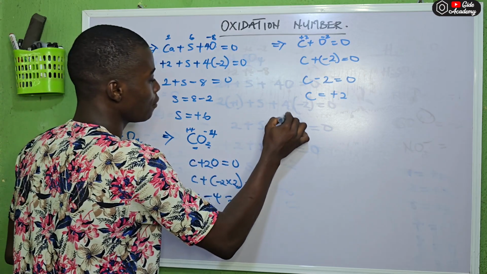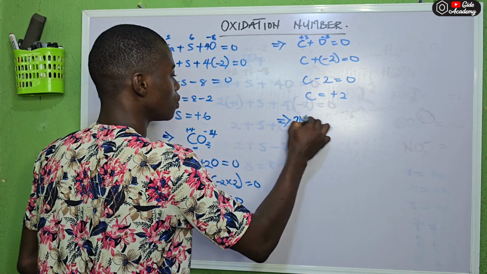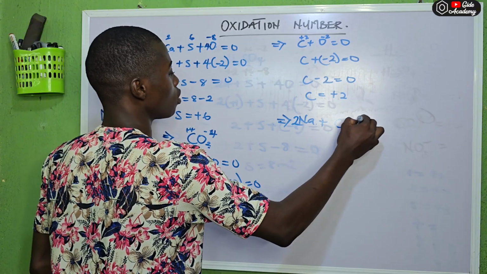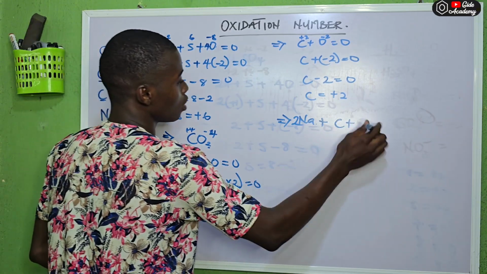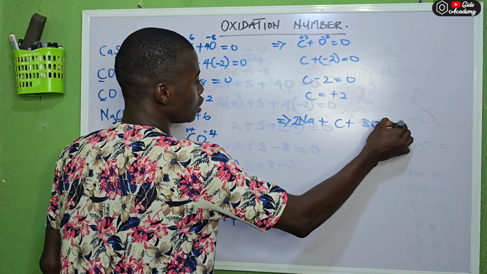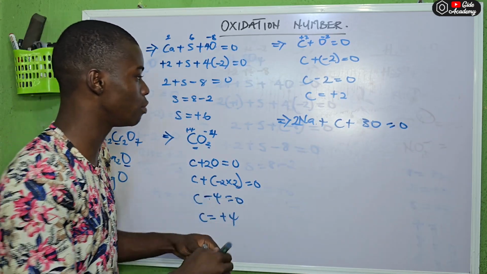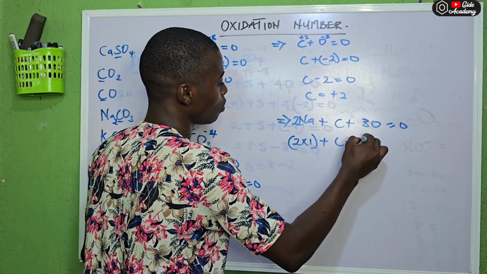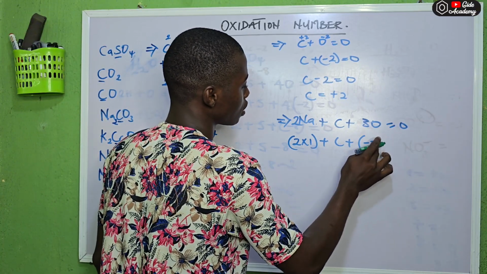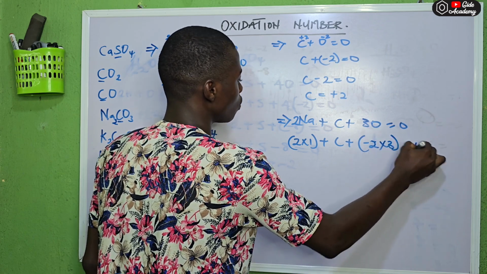So let's try this. Na2CO3. So if you have Na2 plus carbon plus 3 oxygen, everything is equal to what? 0. Sodium is a group 1, so the oxidation number of sodium will definitely be 1. So that's 2 times 1 plus carbon plus minus 2. How many oxygen is there? 3. Is equal to what? 0.